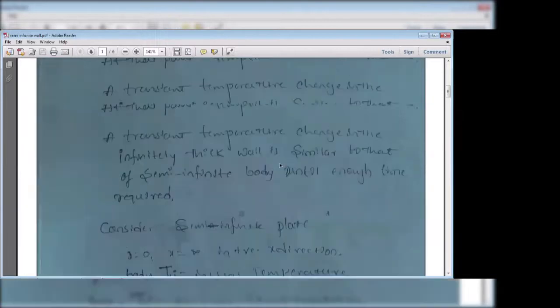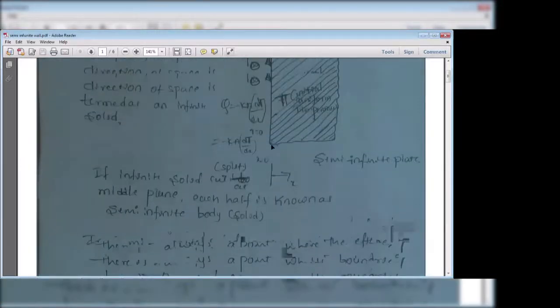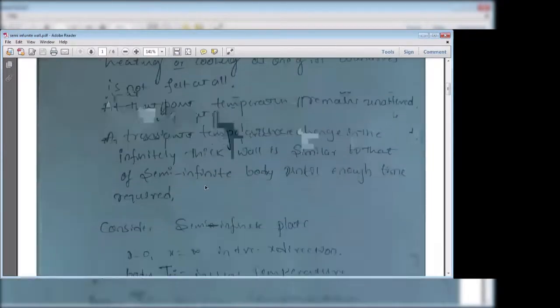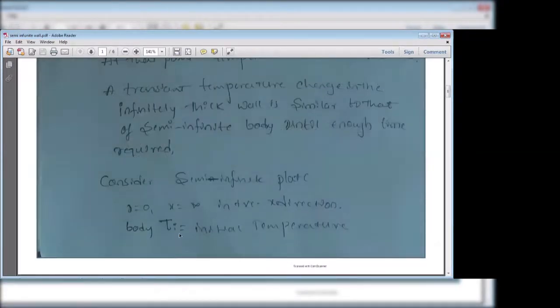Ti is the initial temperature at all x, including the surface.